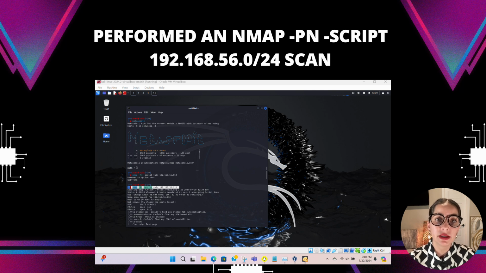The next command is -Pn --script vuln, and then of course your IP address, to scan for all vulnerabilities detected by the script and potential security issues.